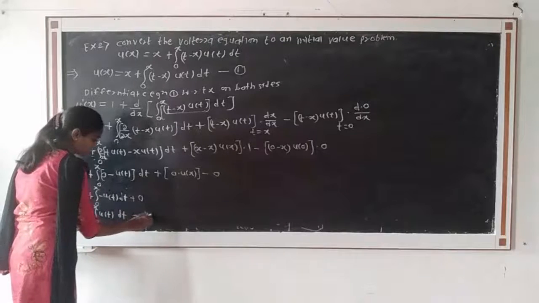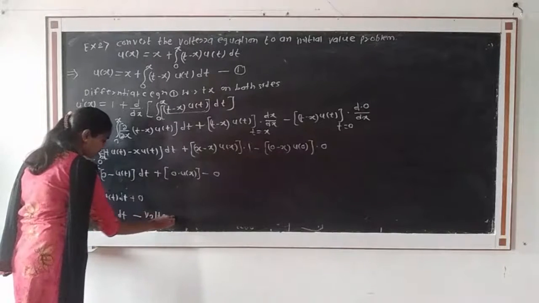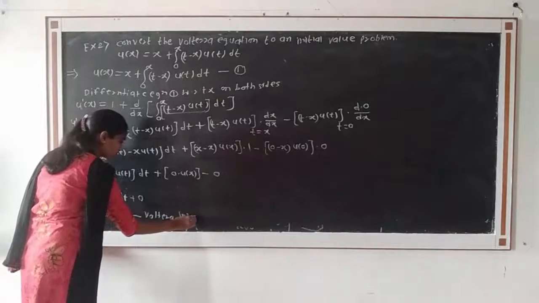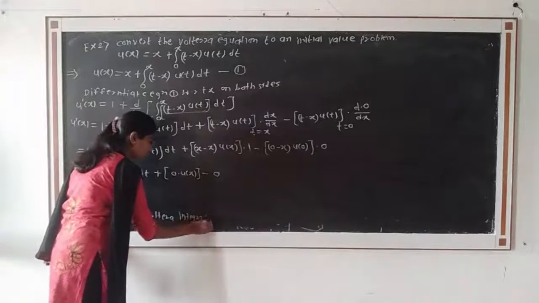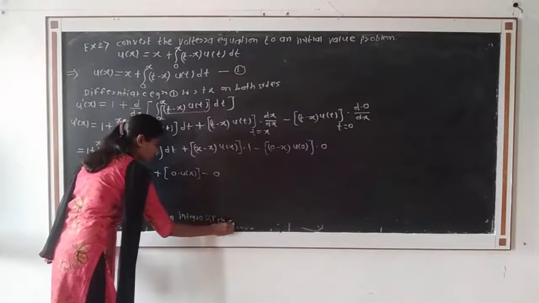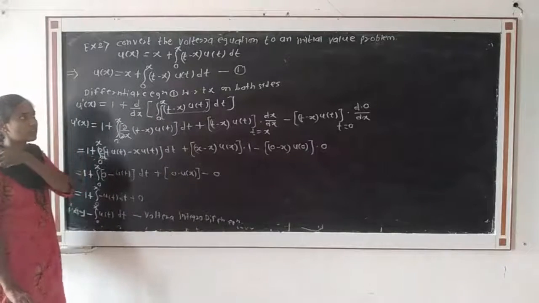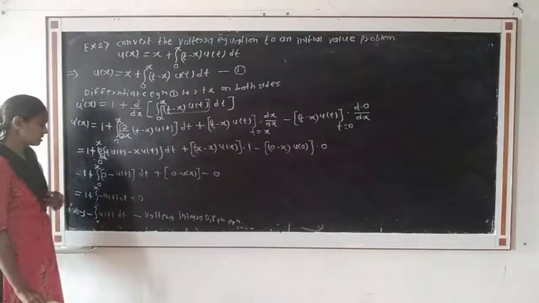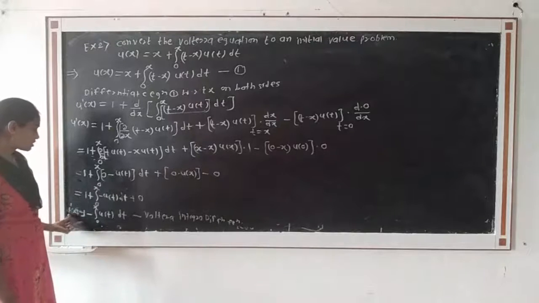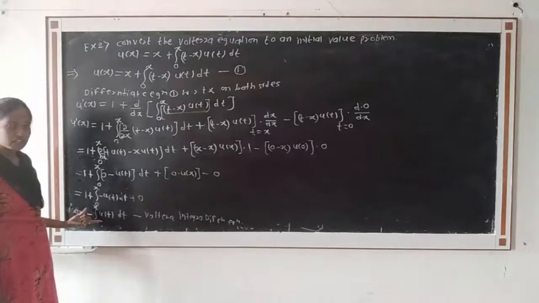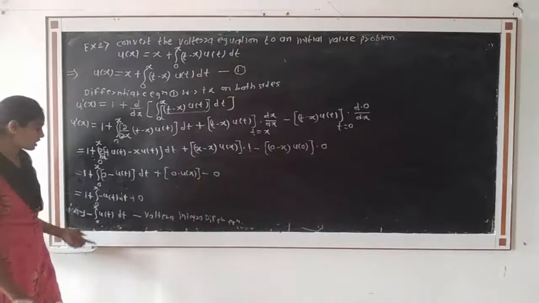This is the Volterra integro differential equation, but we have to find the ordinary differential equation, that is the initial value problem. Therefore, for removing this integral sign, again we differentiate this equation with respect to x.